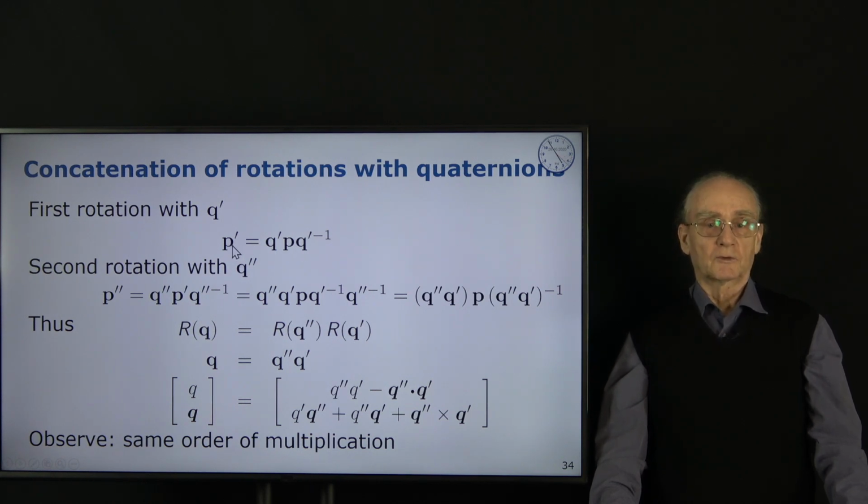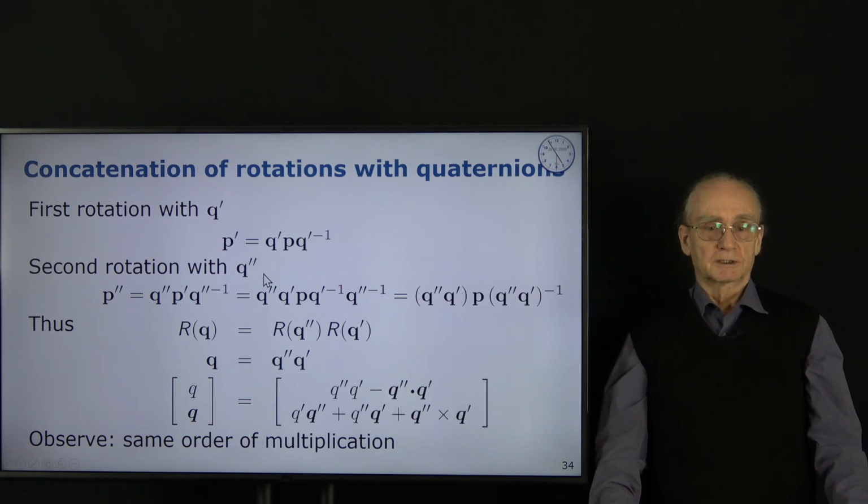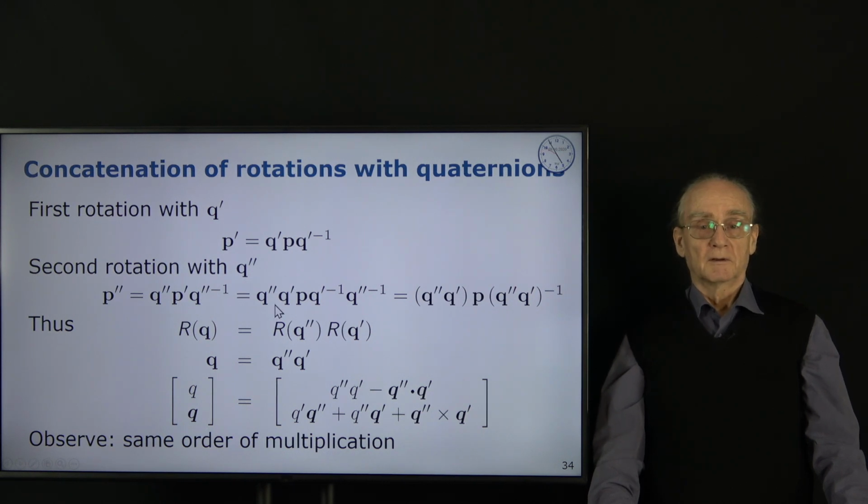We get the transformed point P. Now we apply the second rotation with some quaternion Q double prime. So we get the rotated point P double prime: the first rotated point P prime, left and right multiplied with Q double prime and Q double prime minus 1.